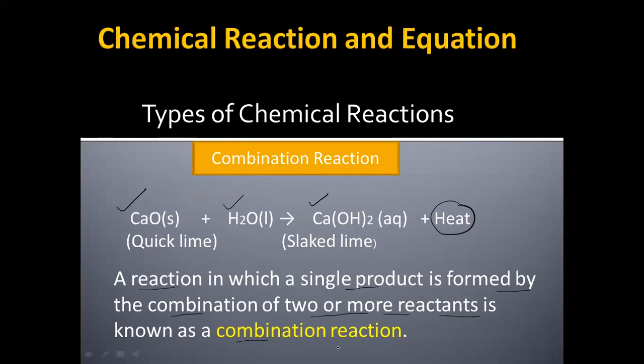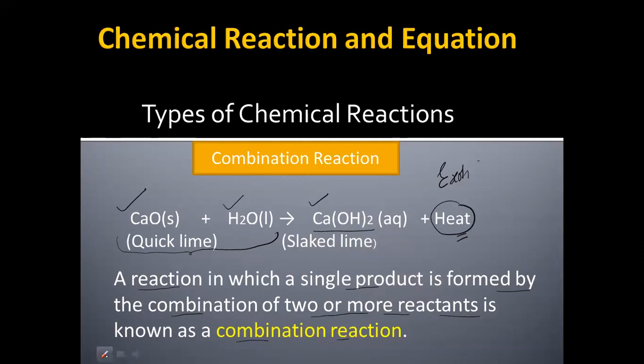That's known as a combination reaction. So what's going on here? Two reactants, one product. This reaction involves evolution of heat. Heat is released. The type of reaction is exothermic also. This is an exothermic reaction.